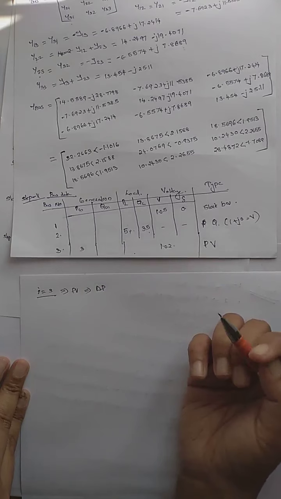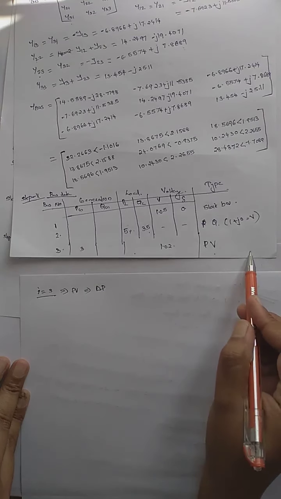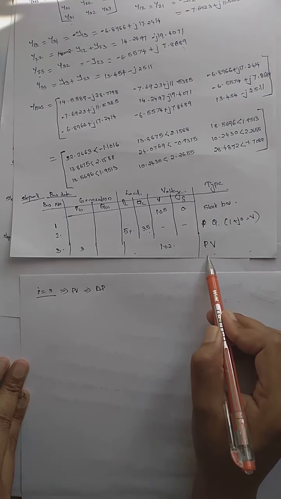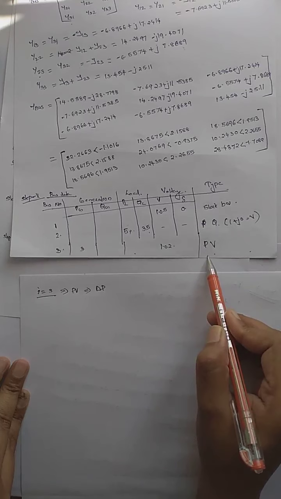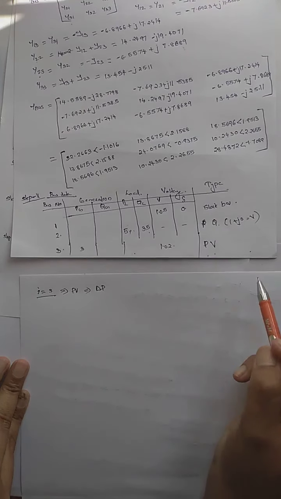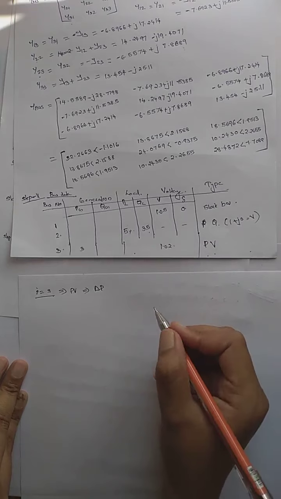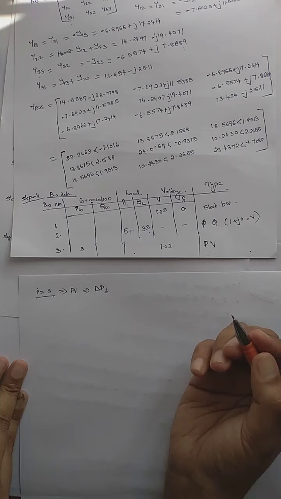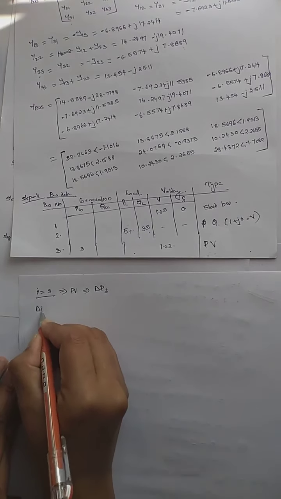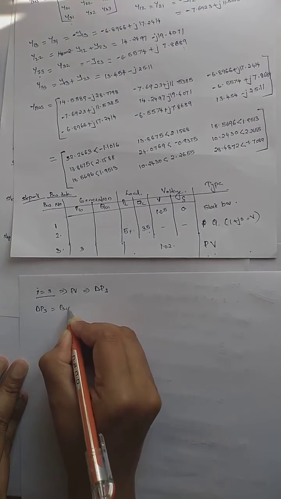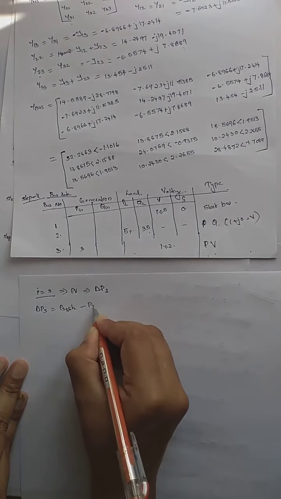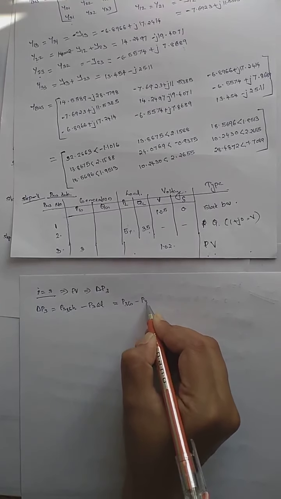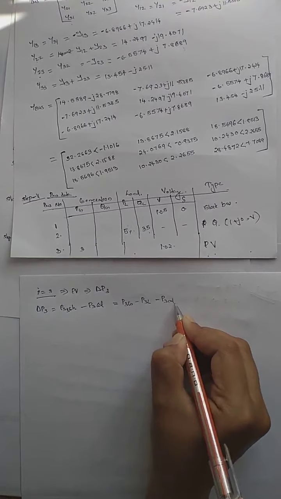If the limit is violated, then this bus will be converted to the PQ bus. Then we have to find out delta Q. If the limit is satisfied, then the PV bus remains as such. So we don't have to find out any delta Q value. So it is a PV bus, so I have to find out delta P3 value only. So what is delta P3? Delta P3 is equal to P3 scheduled value minus P3 calculated, or it is equal to P3 generated minus P3 load minus P3 calculated value.